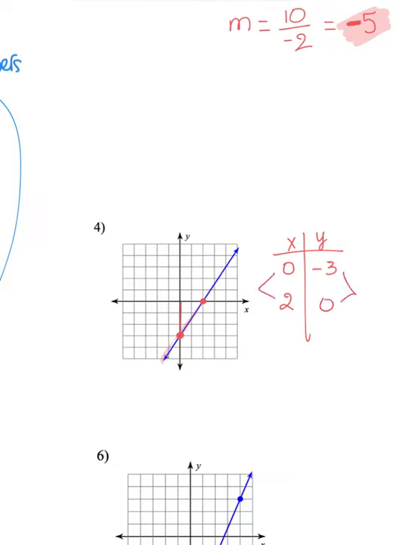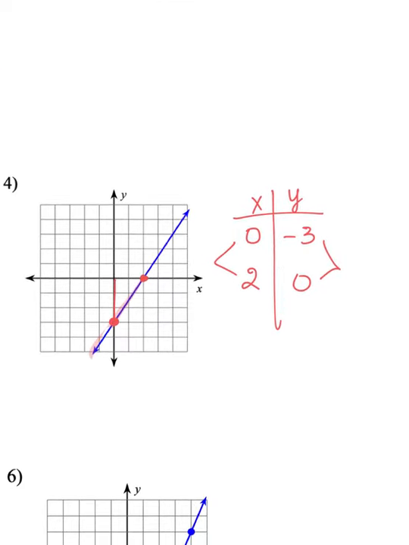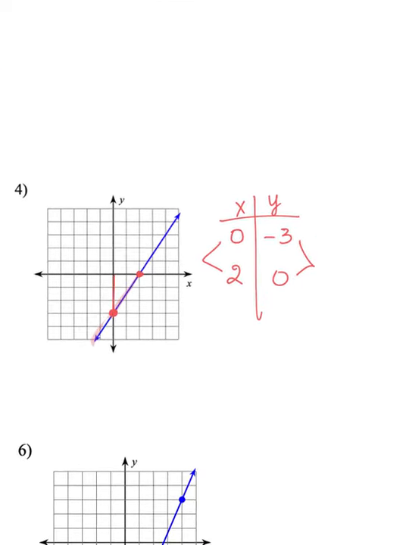Change in y over change in x. So top subtract the bottom, bottom subtract the top, doesn't matter. Let's do bottom subtract the top. 0 minus -3, so 0 plus 3 is 3. If I do the bottom subtract the top, I need to do exactly the same. 2 minus 0 is 2.